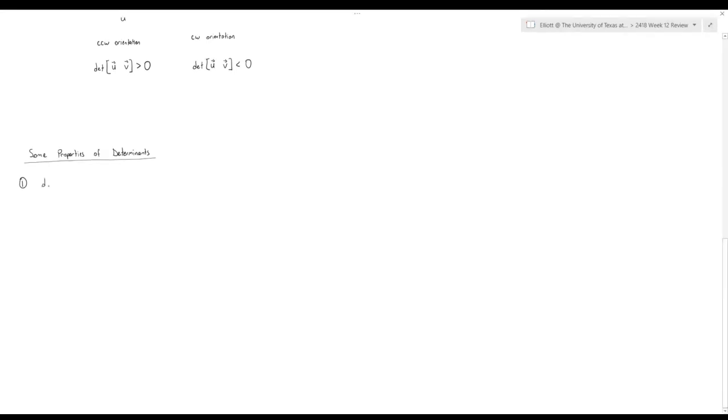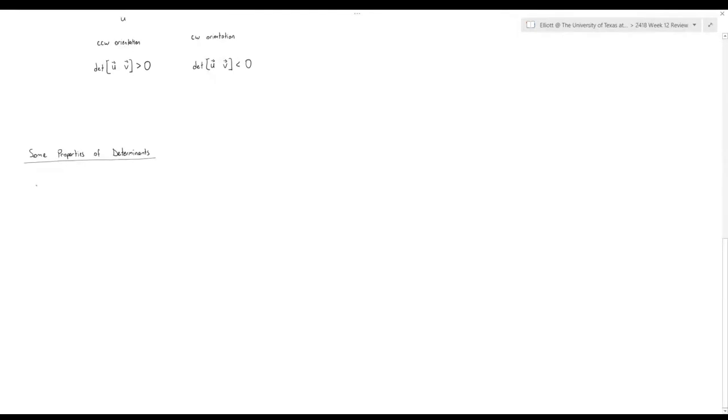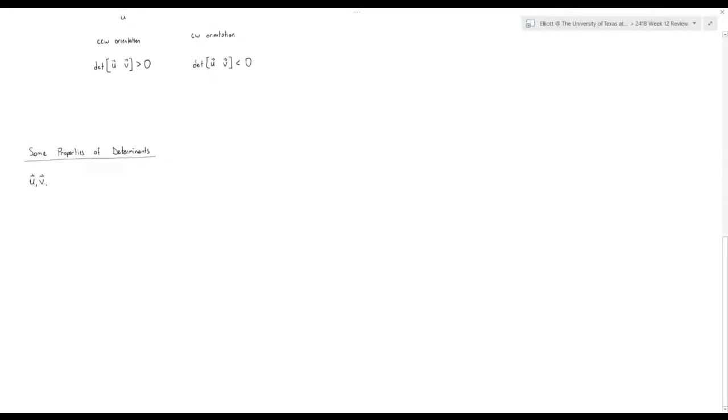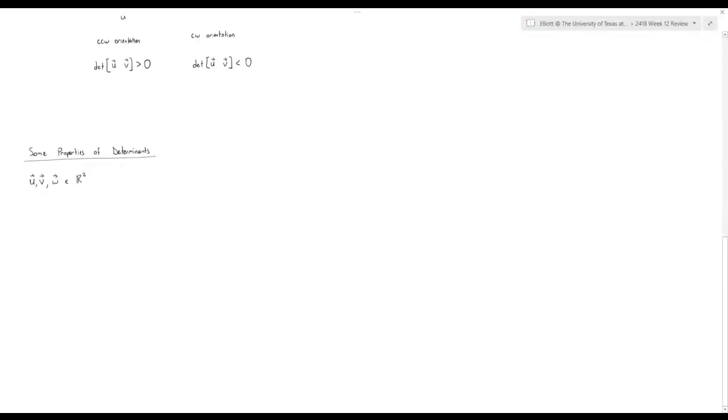So let me just stick to 2 dimensions for now. Let's say we have 3 vectors u, v, and w in R2.